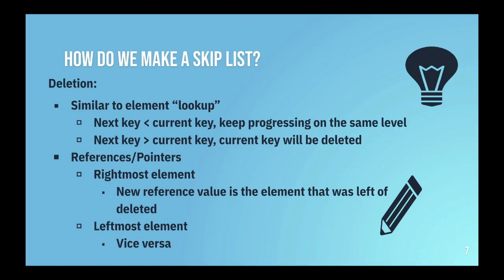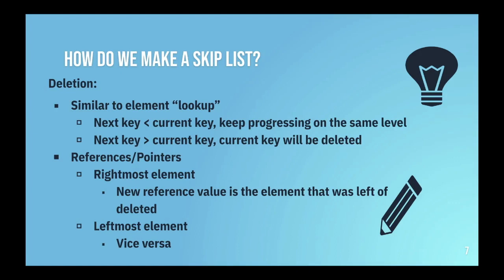Once the element that is to be deleted has been found, we must rearrange the stored reference values. The rightmost element's new reference value is the key that was once to the left of the deleted element, and vice versa.